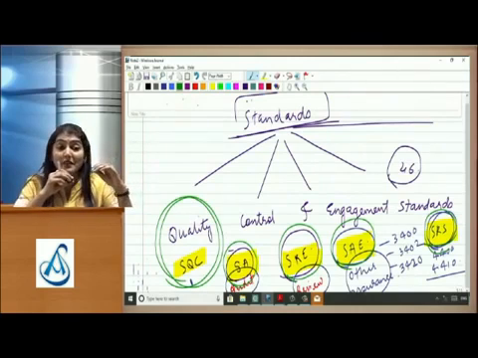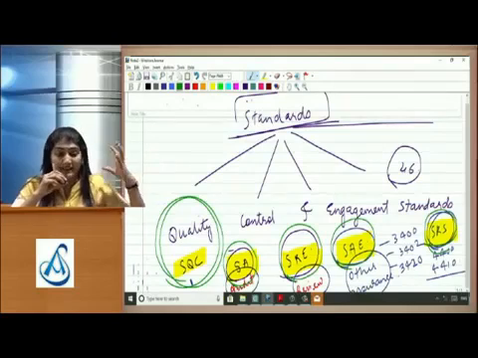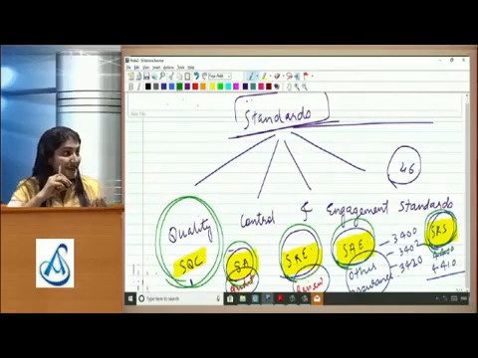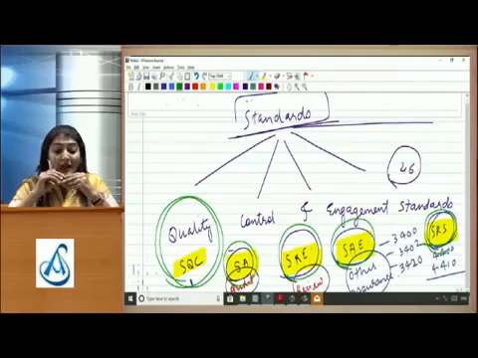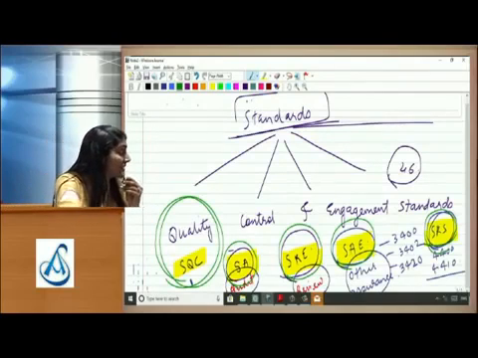Who needs to comply with the quality control standard? The firm, the entire CA firm. The practicing CA needs to comply with that.